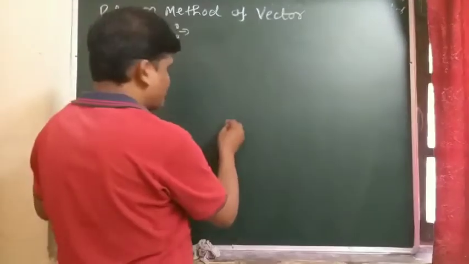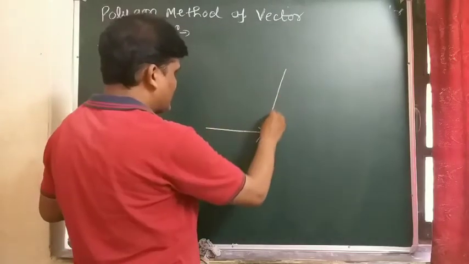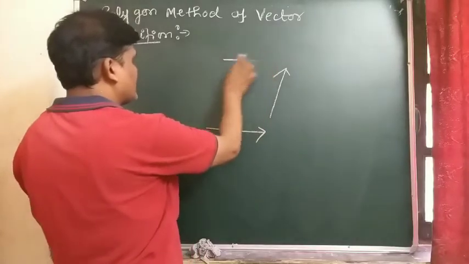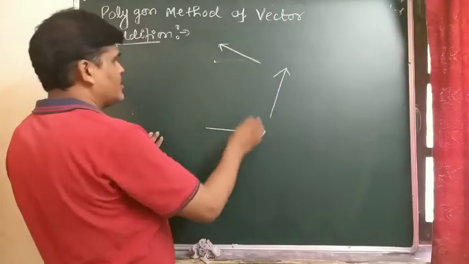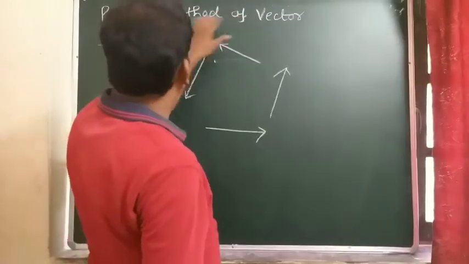Students, if we add four vectors, whose magnitude and direction are given, we have to add them by the polygon method of vector addition.